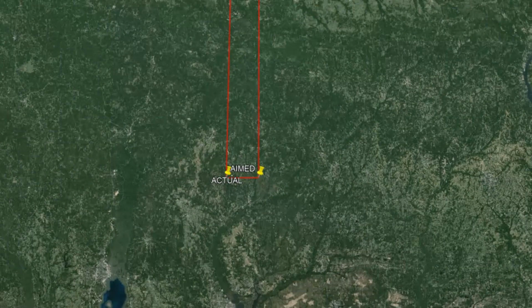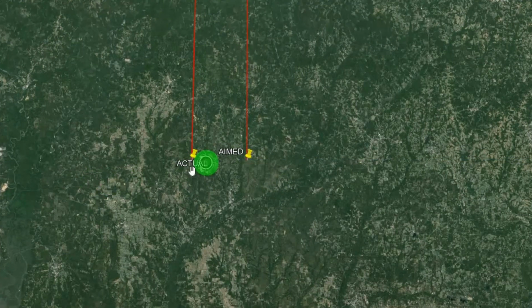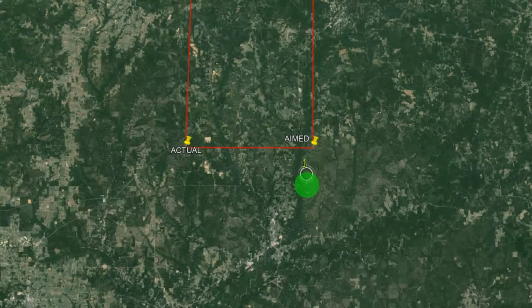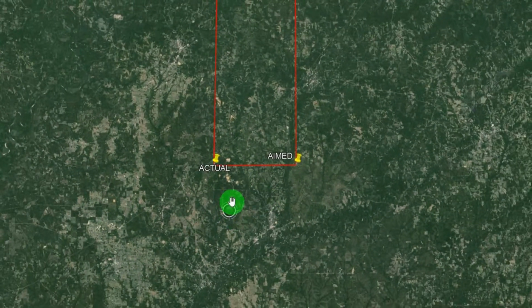Let me get rid of this. It didn't save, so sorry about that, folks. But once again, you see that the offset's not that big, really.